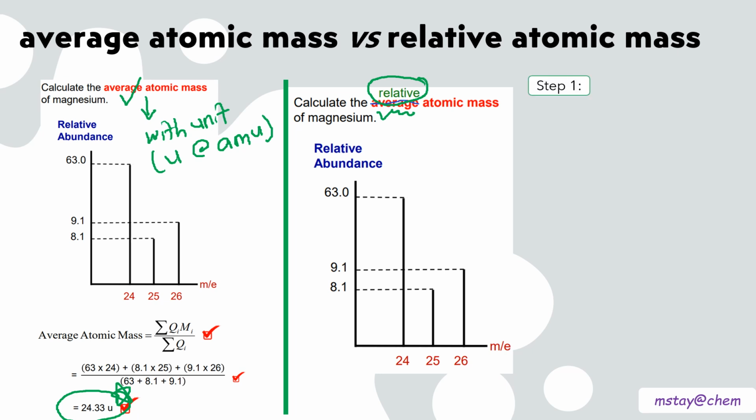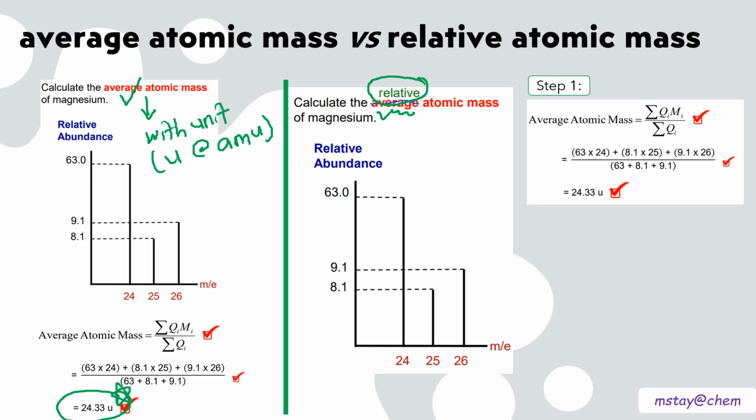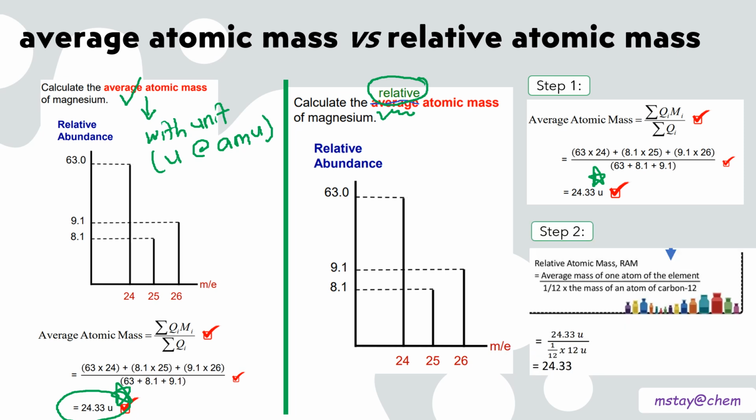Step 1, you use the formula to determine the average atomic mass with the unit. Next, you use the formula of relative atomic mass to cancel out the unit and simplify the value, so your final answer is without unit.